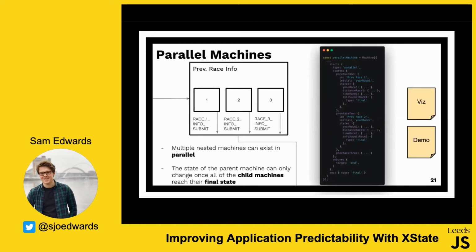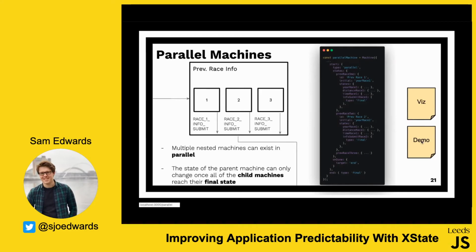So the idea here would be something like if we had a parent node of previous race info, we want to ask about all of those races before we moved on to the next step. That's represented very similarly in the configuration for this object. The only difference is that you have this type of parallel at the top to tell the interpreter, okay, you need to wait for all of these states to reach their final stage before we move on.